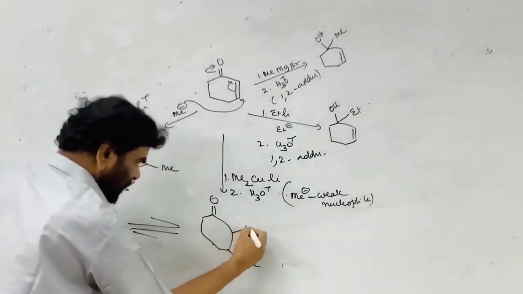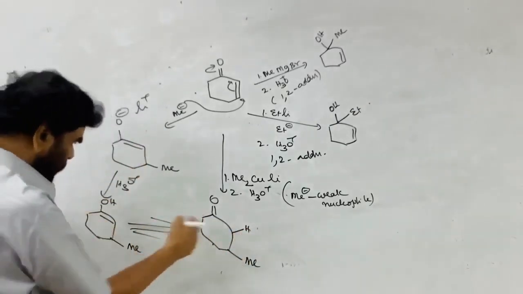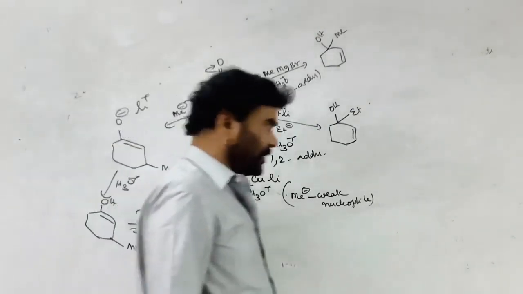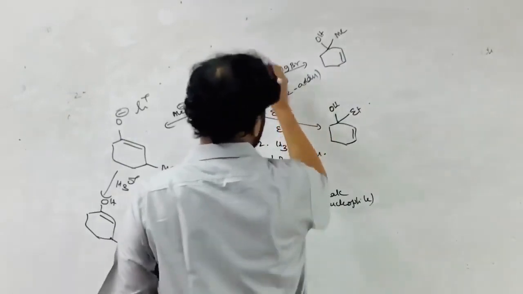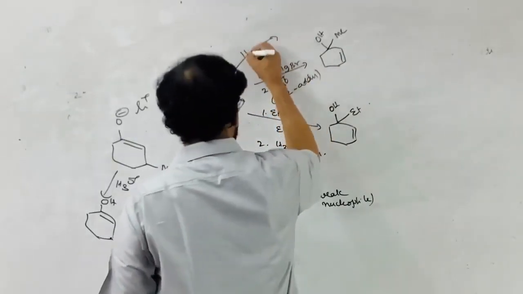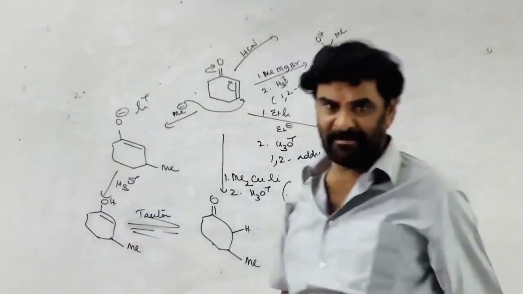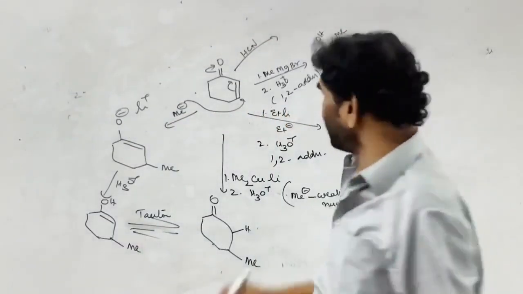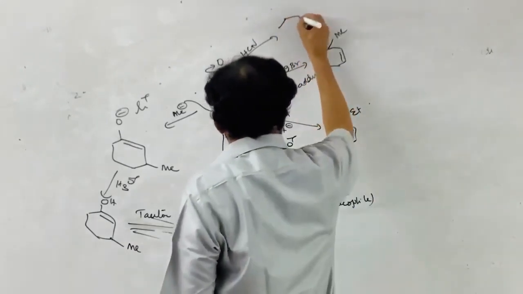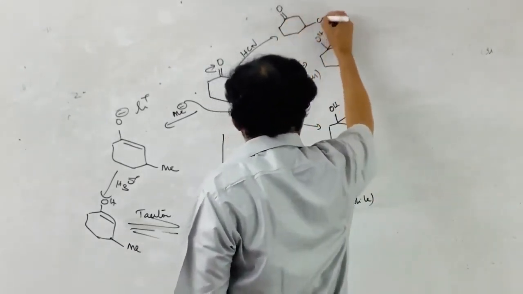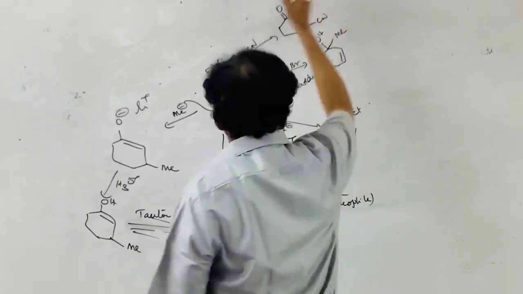So here hydrogen is added, this is the hydrogen shifted, tautomerization. 1,4 addition. Now it is treated with HCN. Same, I told you, this is more of covalent nature. The amount of the negative charge on the carbon is very less. Then what happens? Same reason. This is the cyanide, this is the hydrogen.